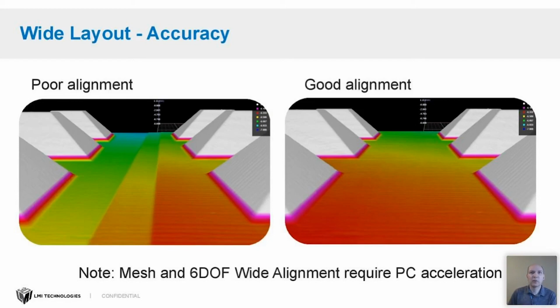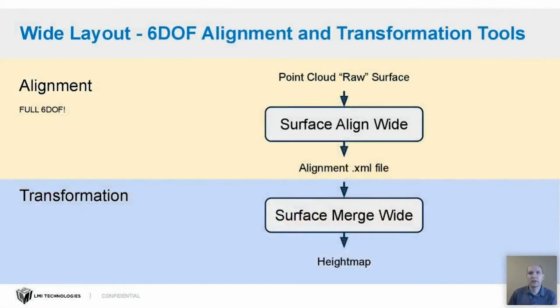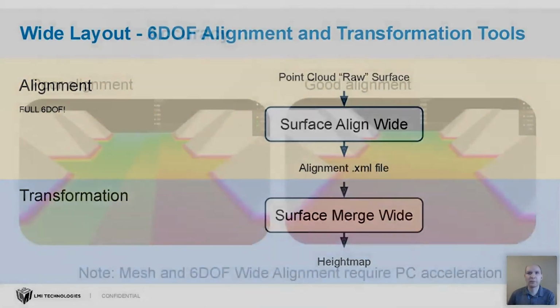And once it is configured, just to be clear, Surface Merge Wide can technically also run on sensor. You just have to perform that initial configuration on a PC. And as usual, because this is quite intense, performing the 6 degrees of freedom, depending on the speeds that you actually want to run at, you'll have to decide whether you want to have this accelerated or not.